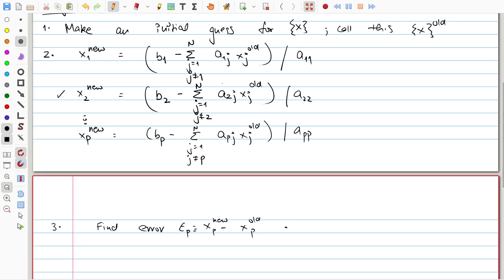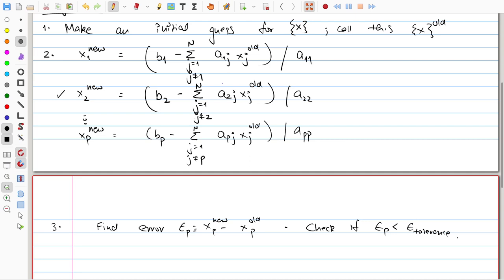So you find the error and then check if epsilon p is less than some specified tolerance value. That tolerance value we have to specify.